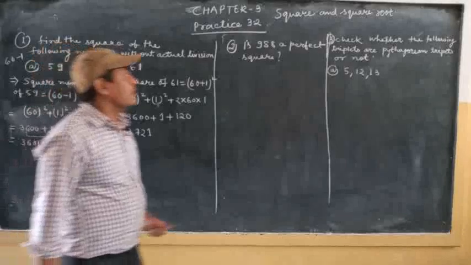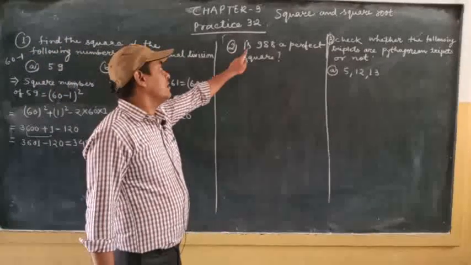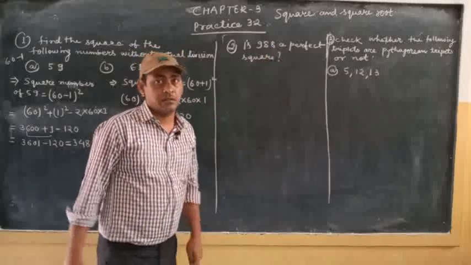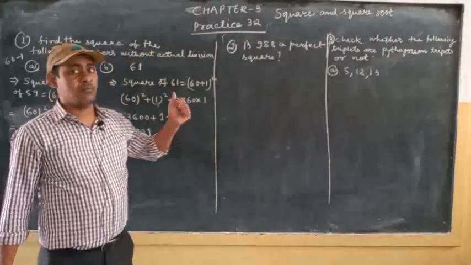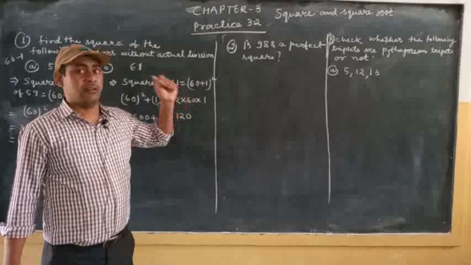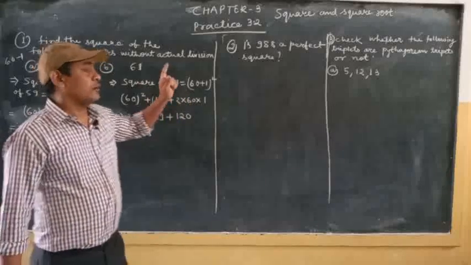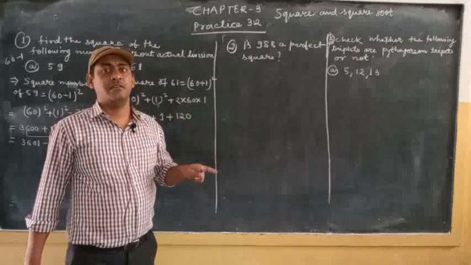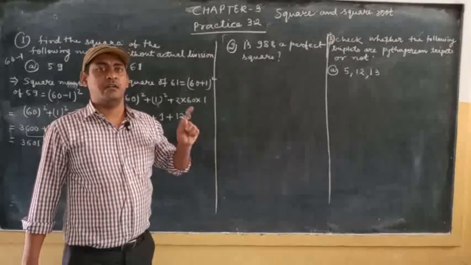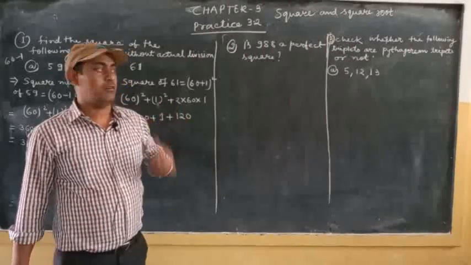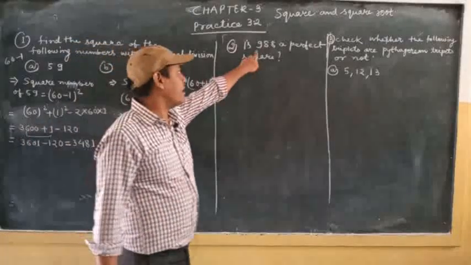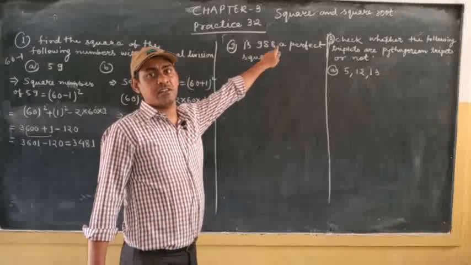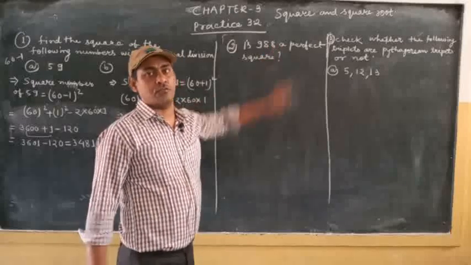Now the second question: is 898 a perfect square? As we know, numbers that end with 2, 3, 7, 8 will never be a square number. Here we see that 898 ends with 8, so this number is not a perfect square.